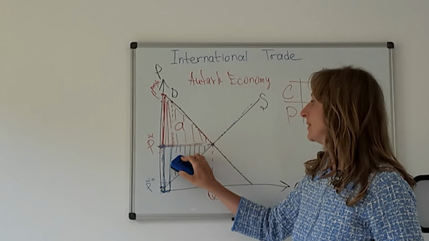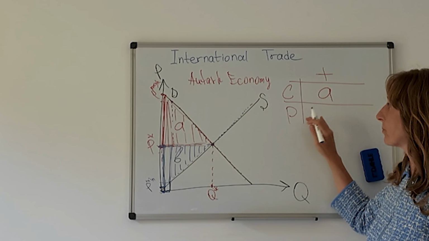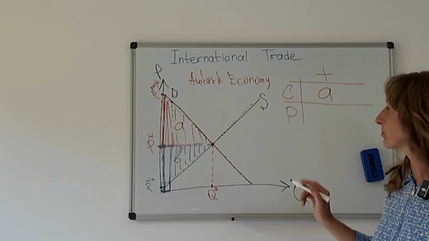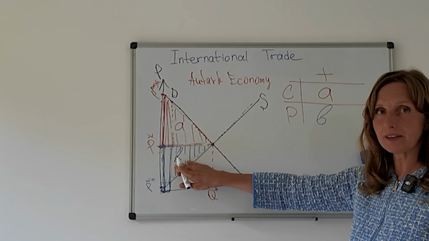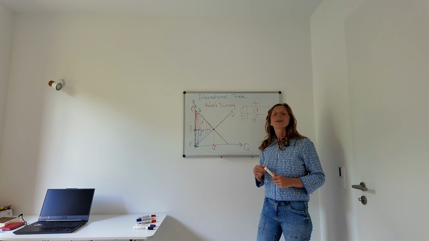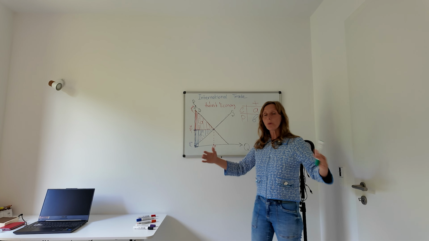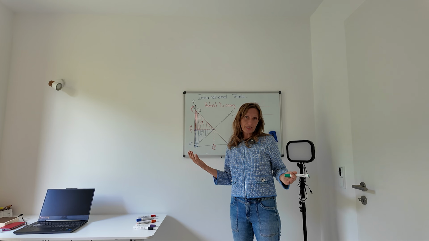And let's call it with the letter B. So producer surplus will be indicated on this graph as the letter B. Now let's assume that this country decided to open its borders for international trade.